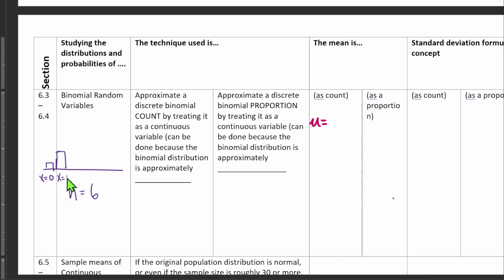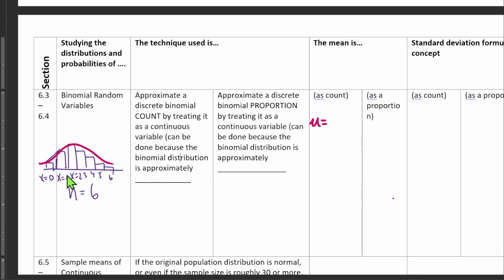You could have a few more chances where they're 1, X equals 2, maybe that's the most popular for whatever reason, X equals 3, 4, 5. Now this is not a good example because it's not a very big table, but X could be 0, 1, 2, 3, 4, 5, or 6, and get all 6 correct, right? But the idea here is that this is basically a normal curve.